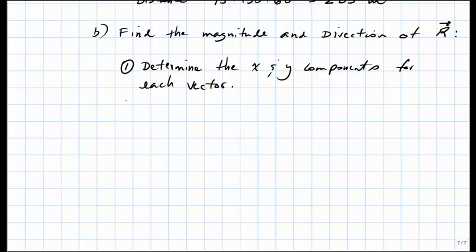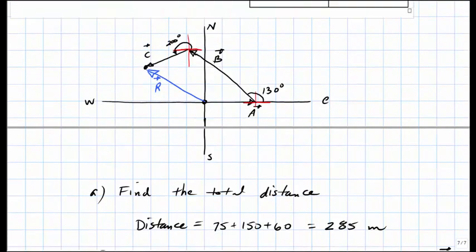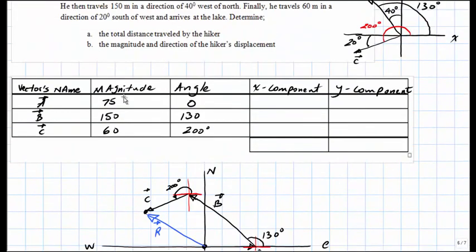In order to find A sub x and A sub y, you can look at the notes that we developed earlier, and you'll find an equation that states A sub x just equals A times the cosine of theta, and A sub y equals A times the sine of theta. A refers to the magnitude of the vector A. Let's look that up in the chart. As you can see, the magnitude of vector A is 75 and the angle is 0.